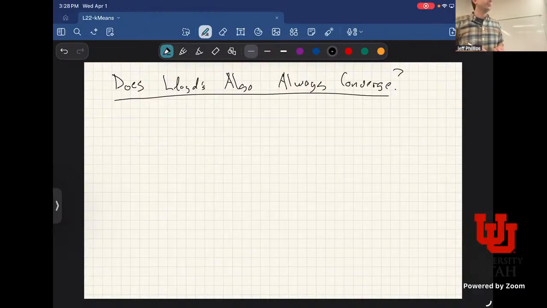Okay, this is a little bit more complicated. So the general answer is going to be, yes, it converges, but it's not necessarily always going to converge to the right answer. Okay, so let me explain what I mean by convergence.